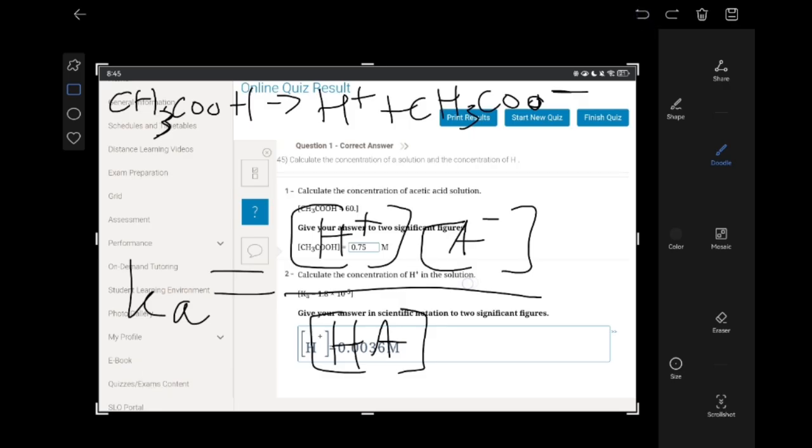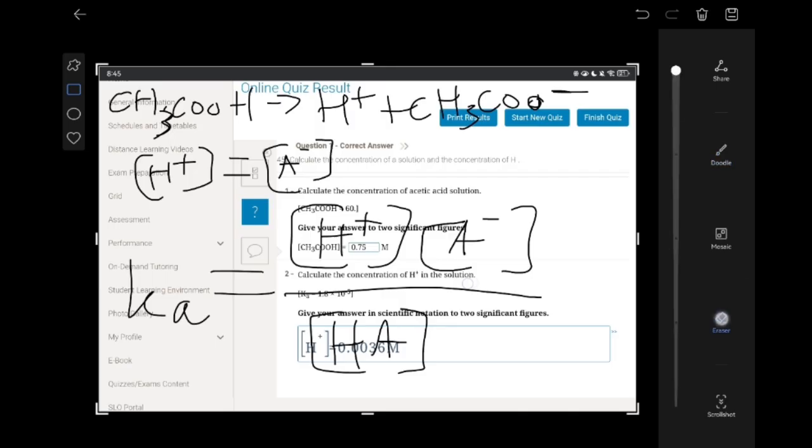Now here's where the tricky part comes in. Whenever the H and the A are in a 1-to-1 ratio, they're equal, right? So H plus is equal to A minus. That means we can replace this part with H plus, because they're the exact same concentration in the end.